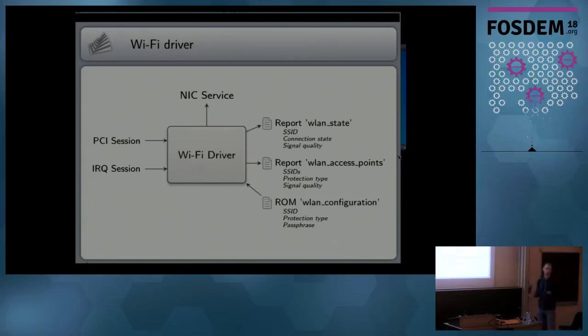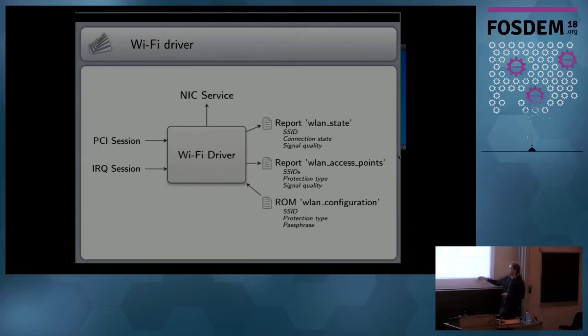This is like a file, but it's not really the same. But it gives you in this report a list of all available Wi-Fis, so you can choose from these ones and these ones, and it also gives you information about signal quality, protection types, and so on.